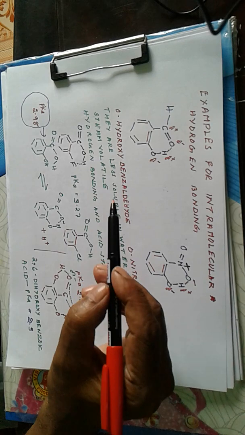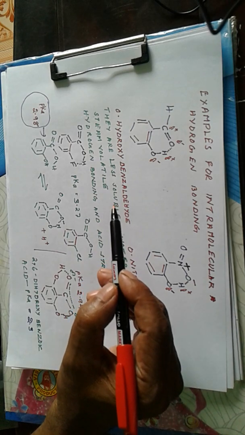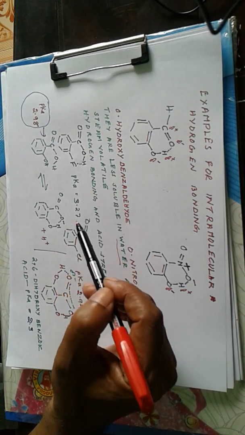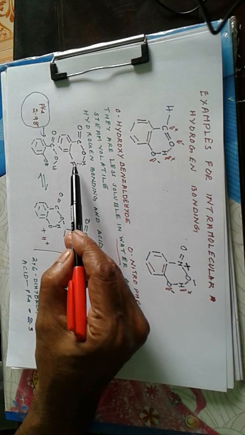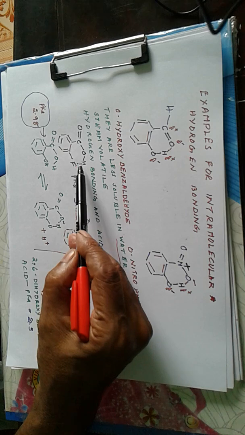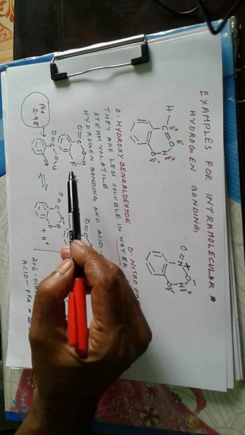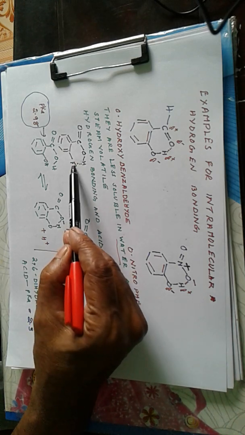Then hydrogen bonding can affect acid strengths. Here the acid shown is orthofluorobenzoic acid, there is fluorine connected in the ortho position.